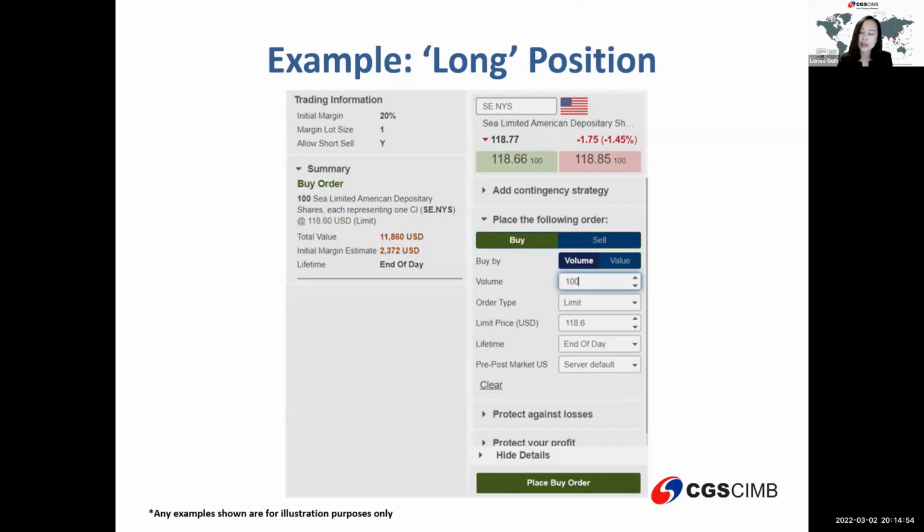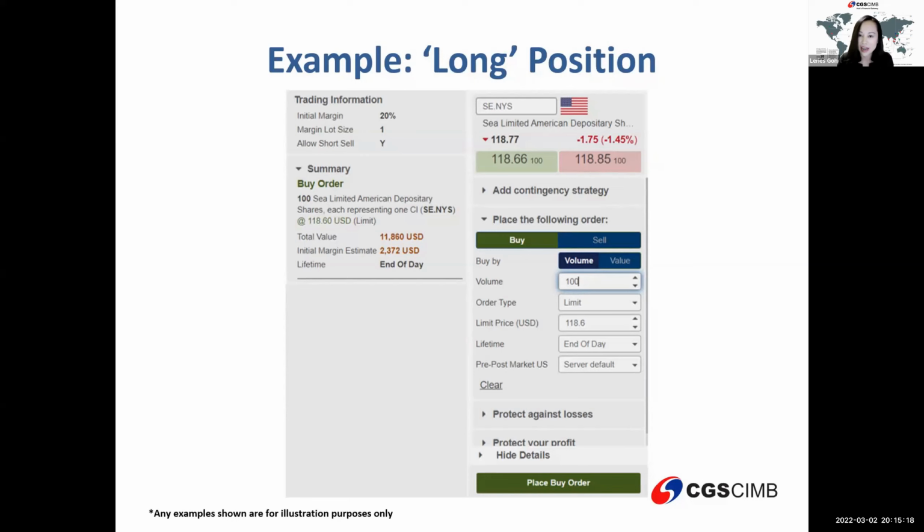So it's very similar to traditional share trading. You think that the share price is going up, you can buy and wait till it goes up, and you take profit on it. And if you think that the price is going down, for CFD, you have the flexibility whereby you can short sell first. And then when the price goes down, you buy back at a lower price and make the differential from there as well.